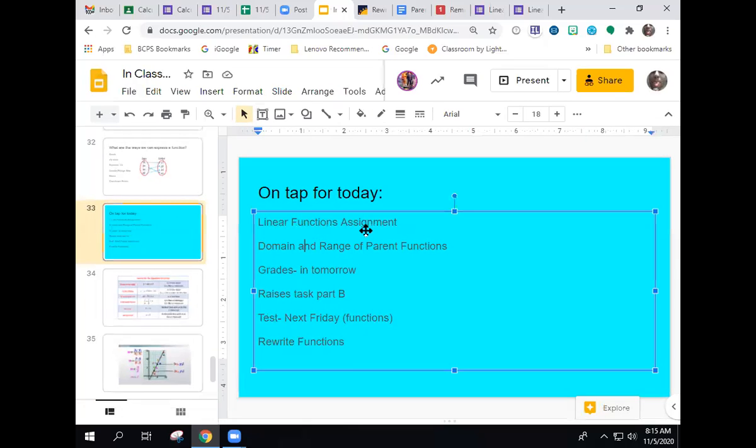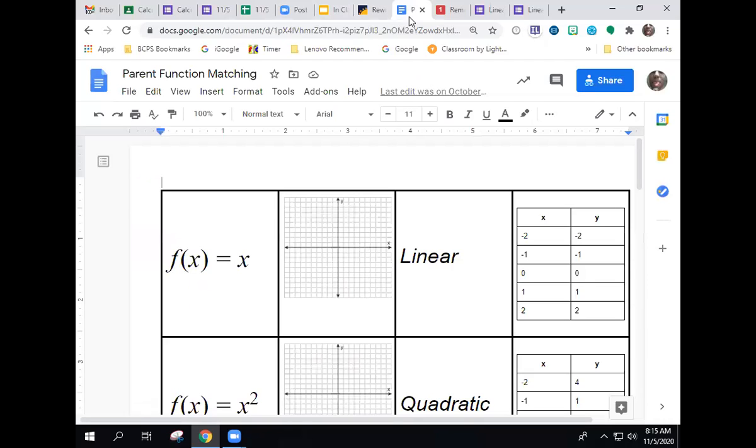What's next? Domain and range of parent functions. Here are the parent functions right here. You did these as notes, but I just want you to think about the domain and range real quick. If you have a line going like this, the domain is -infinity to infinity because it goes forever.